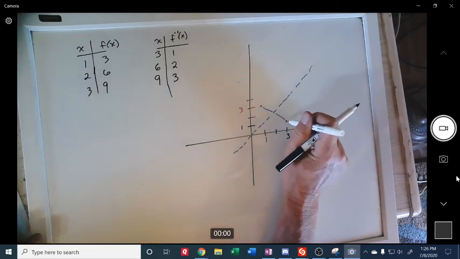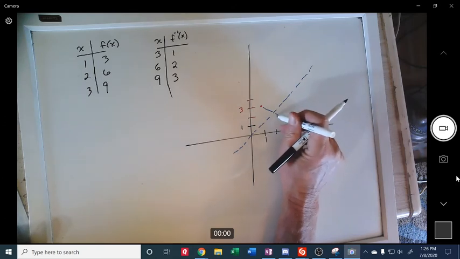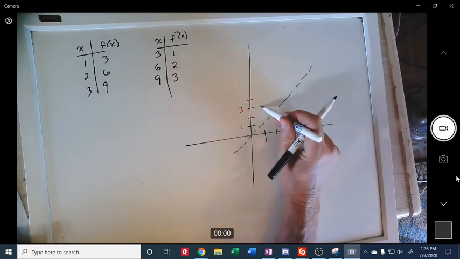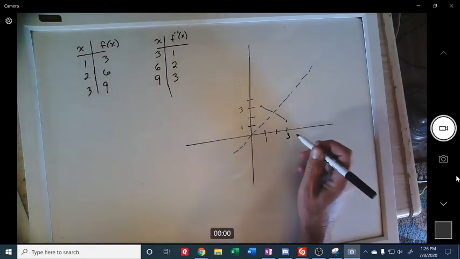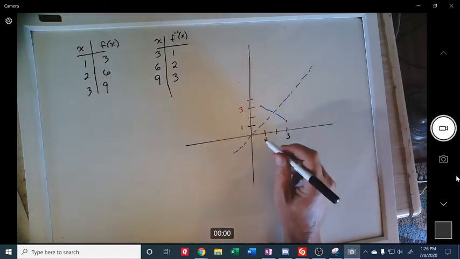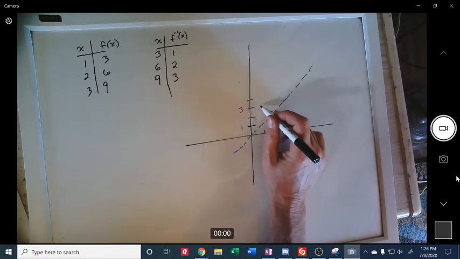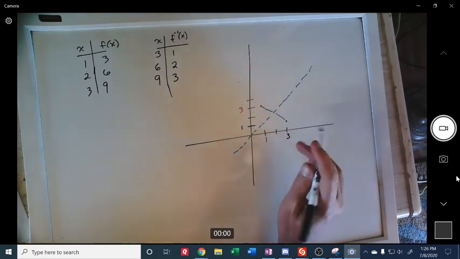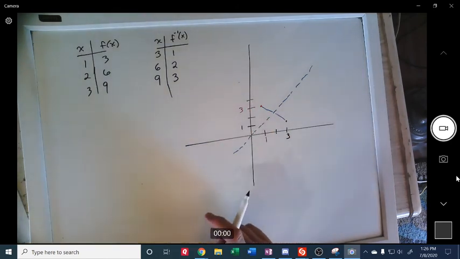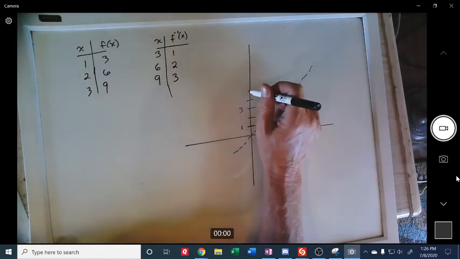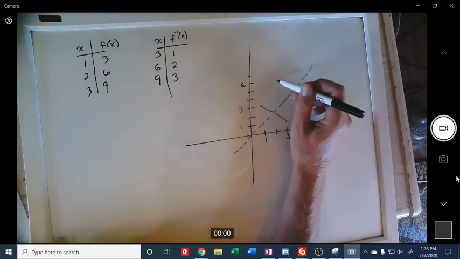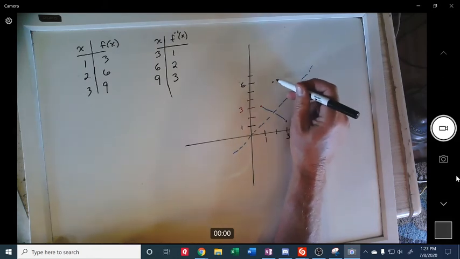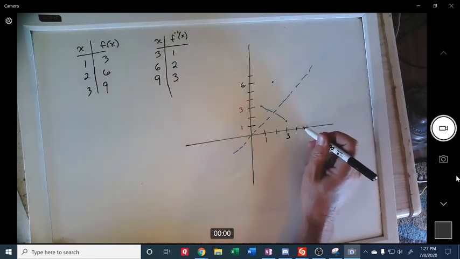You go perpendicular to the line y equals x, the same distance, and it'll take you to what's called your image point, right there. So (1, 3), the red one, was the original, and then the inverse was (3, 1). Or vice versa. (3, 1) takes you to red (1, 3). So (2, 6) goes to (6, 2).